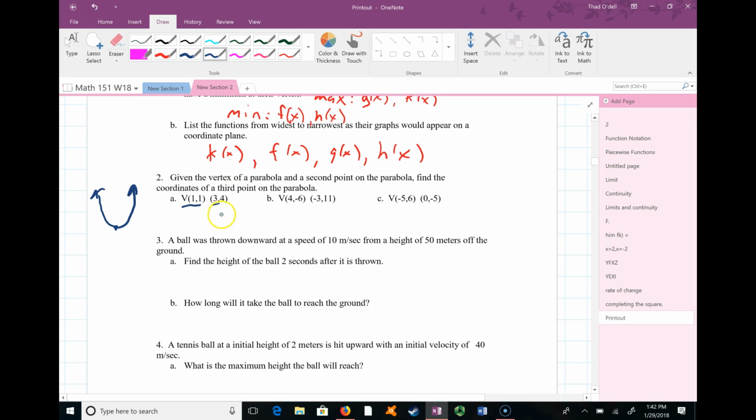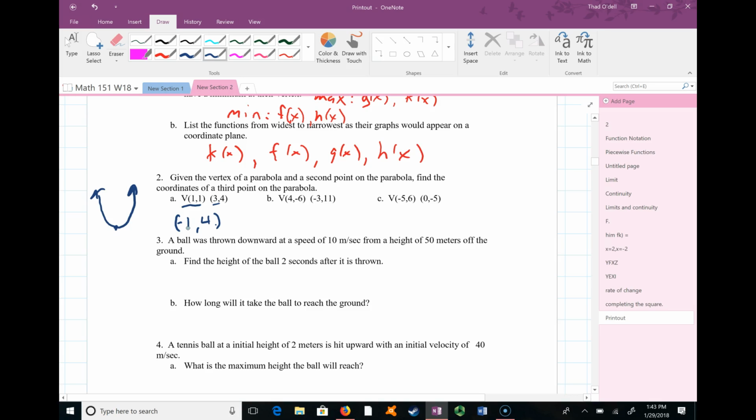So I need something on the opposite end of that. The other point is going to have the y-coordinate of 4, because the point of symmetry for that point would have the same y-coordinate. And the x-coordinate should be the same distance from the x-coordinate of the vertex. Notice that this is 2 over from the vertex. That means the other one would be 2 the other way. So this would be -1.